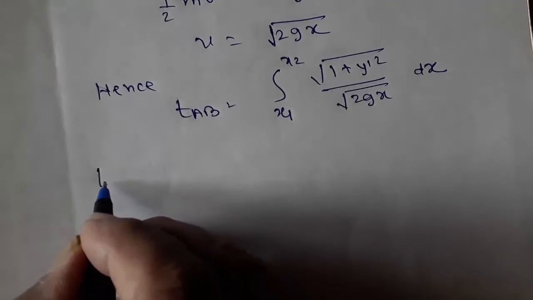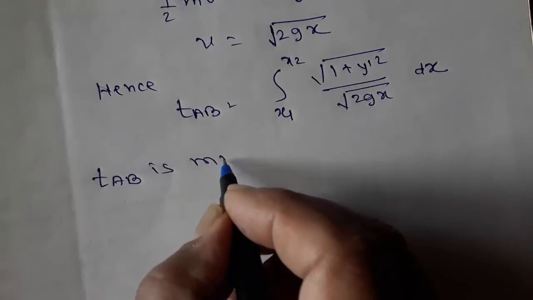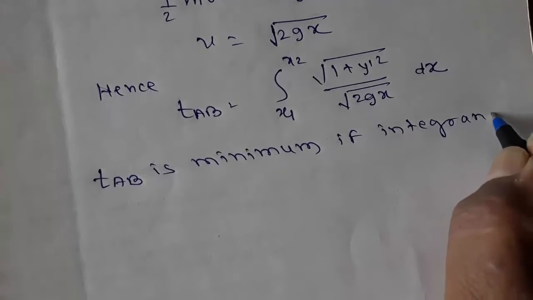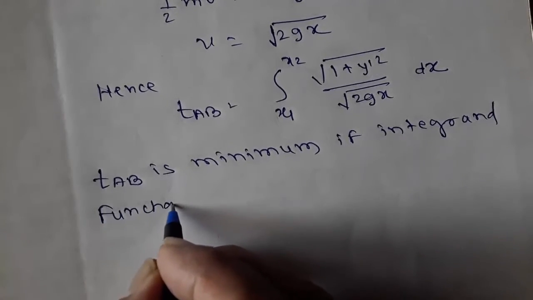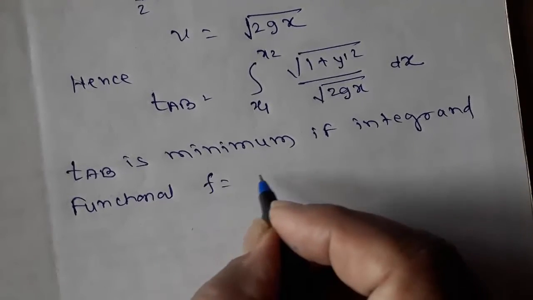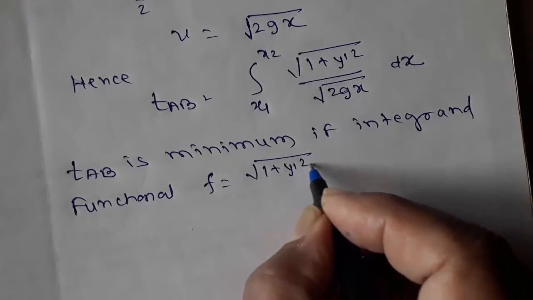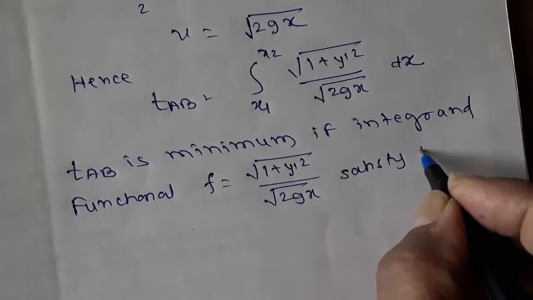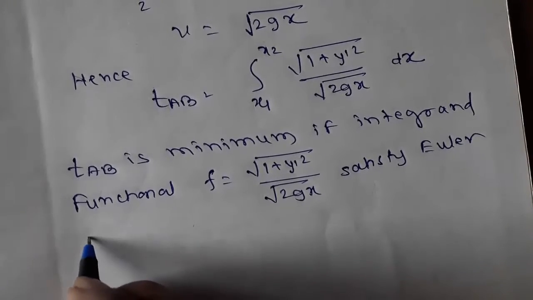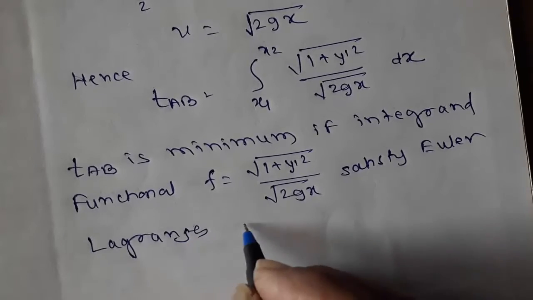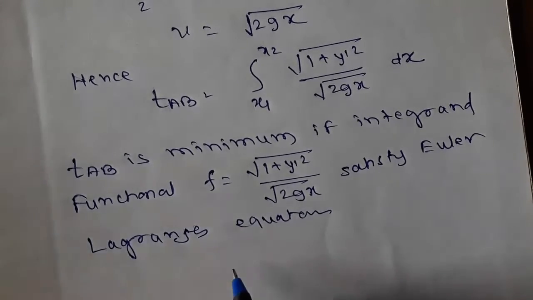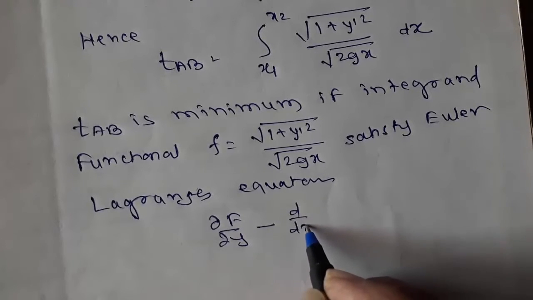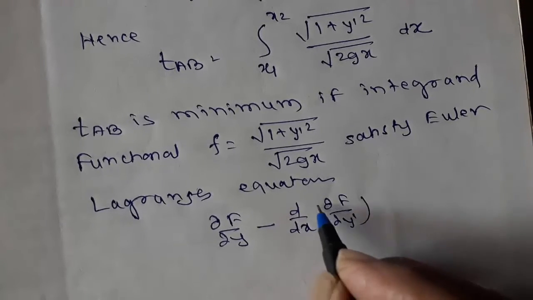Thus T_AB is minimum, that is, time required is minimum, if the integrand functional f equal to root of 1 plus y dash square divided by root of 2gx satisfies the Euler-Lagrange equation: dou f by dou y minus d by dx of dou f by dou y dash equal to 0.